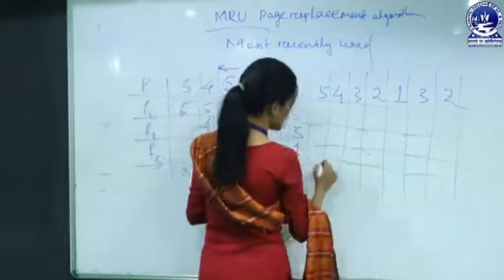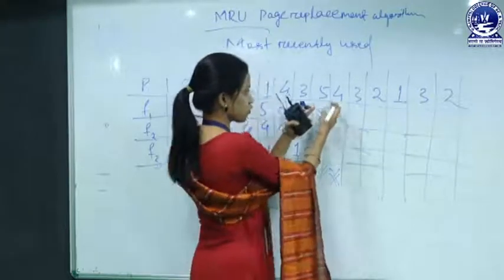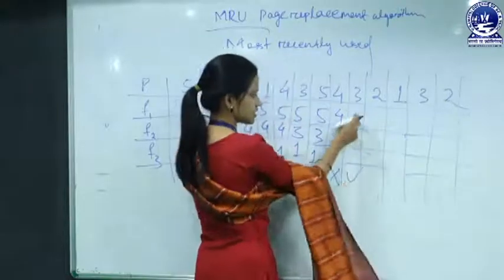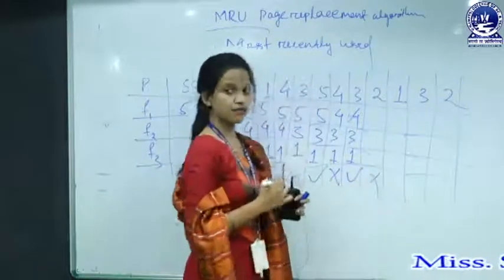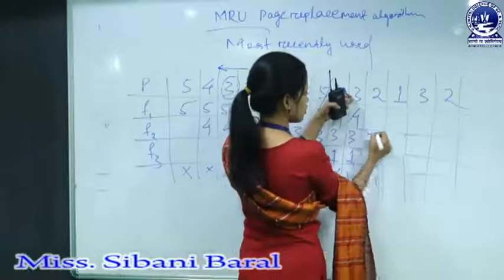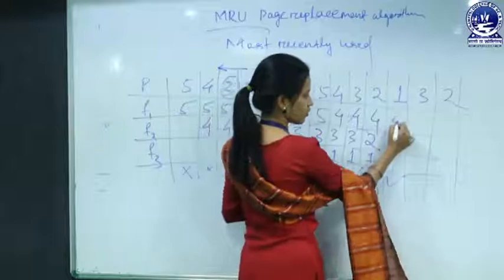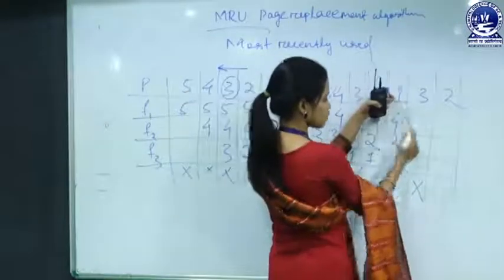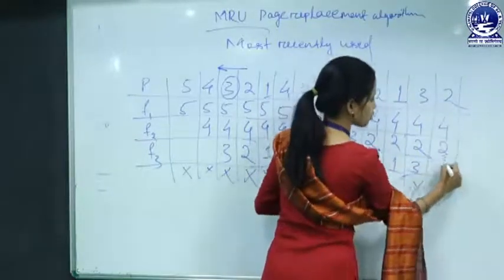Again 5 is there, there is a hit, 5 3 1. 4 is not there, so we replaced 5, giving 4 3 1. Again there is a hit, 4 3 1. Again there is a page fault, so we replaced 3 with 2. Again there is a hit, 1 is there, 4 2 1. Again there is a page fault, we replaced 1 with 3, and again there is a hit, 4 2 3.